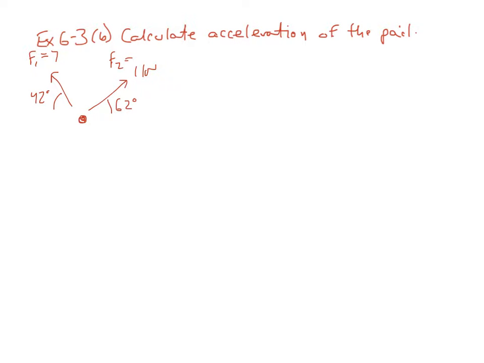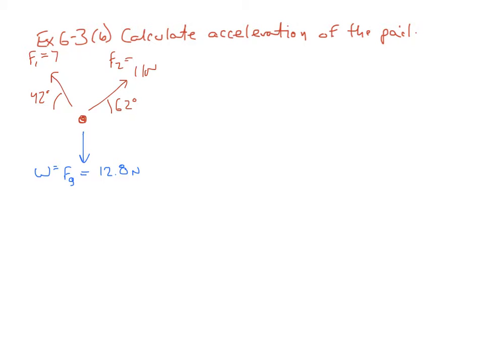This pail is also experiencing a force due to gravity. We're going to call it Fg, or sometimes we call it W for weight. A little bit later, I'll show you how that's calculated. But that force is going to be 12.8 newtons.